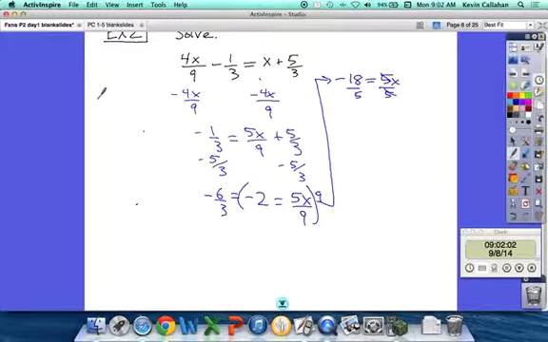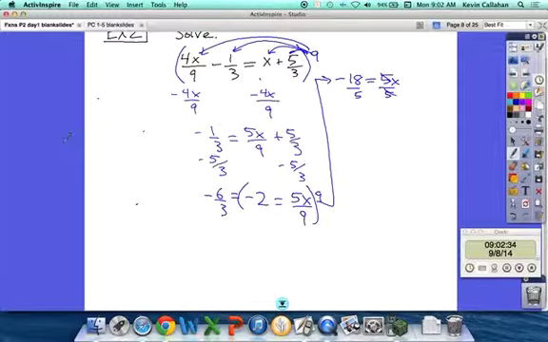What's the least common denominator? 9, right? 3 divides into 9, 9 divides into 9. What's the denominator here of x? It's 1, right? Whatever is that least common denominator, multiply everything by that. When I do that, when I multiply the first term by 9, 4x over 9 times 9 is 4x.